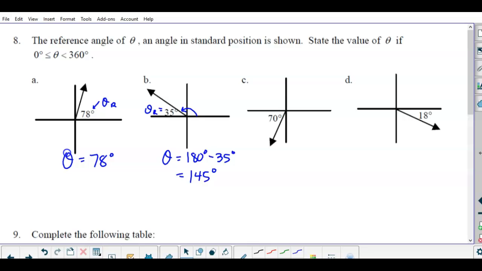Here, from here to here, well, we know that's 180 plus 70. And then from here to here, that's a complete rotation minus 18.